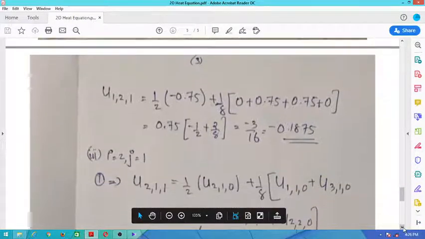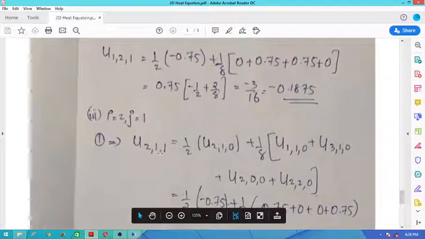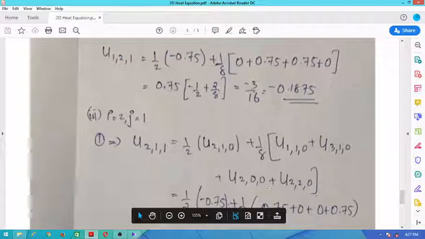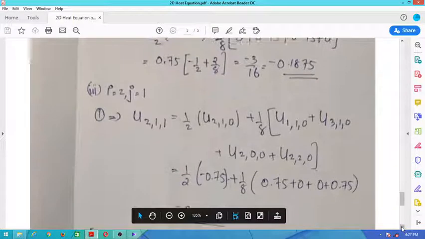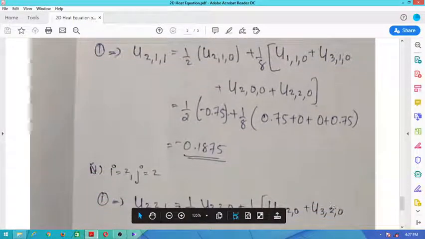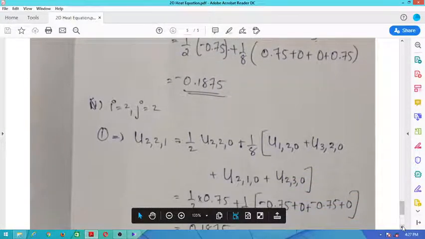Now when i equal to 2 and j equal to 1, equation 1 reduces to u211 equal to half times u210 plus 1 by 8 times u110 plus u310 plus u200 plus u220. And the value is calculated as again minus 0.1875. Now the fourth case is when i equal to 2 and j equal to 2.